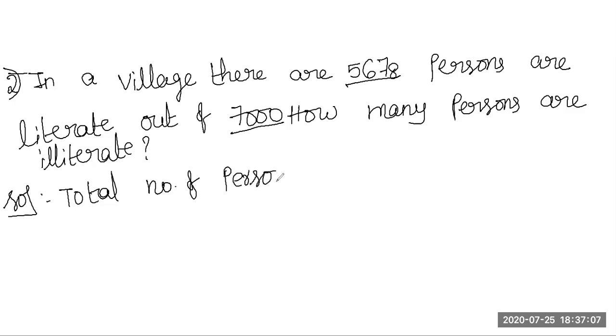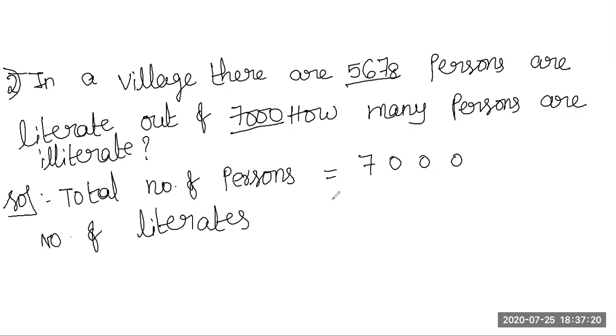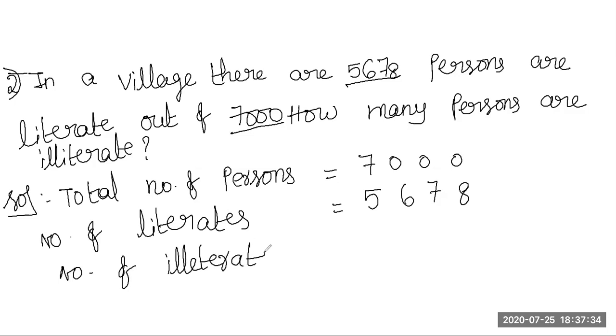Total number of persons is equal to 7,000 and number of literates is equal to 5,678, and they are asking number of illiterates is equal to minus.